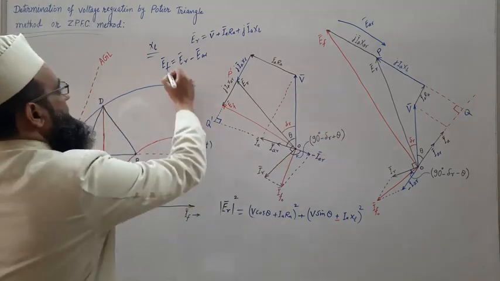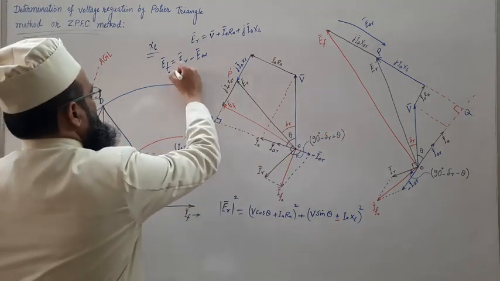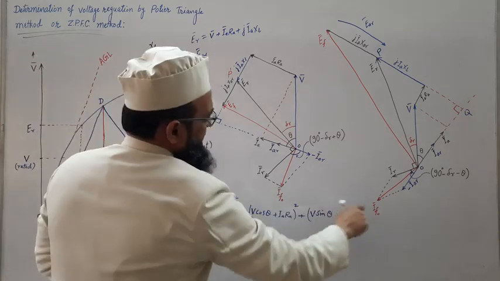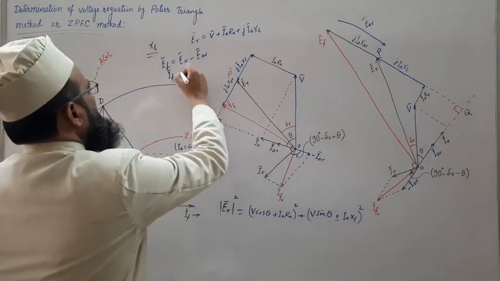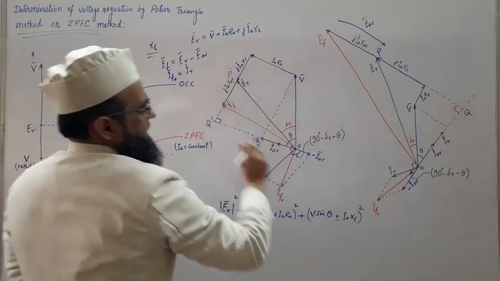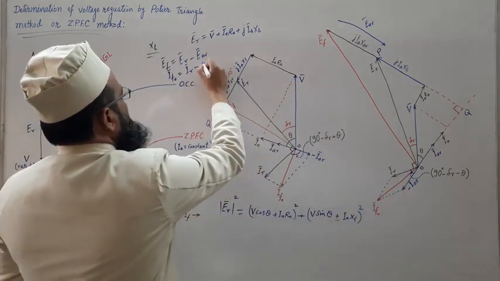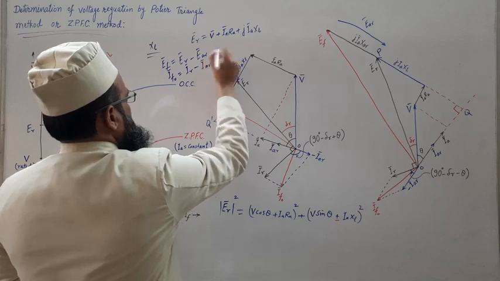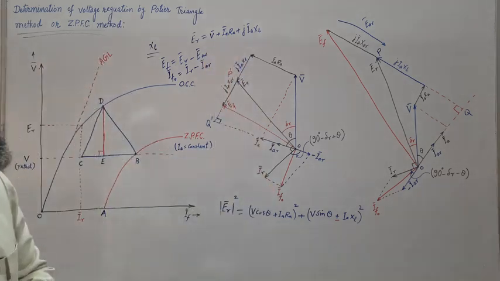Hence we may write If, and here we have written If0, may be written as Ir, this Ir minus IaR. Fine.